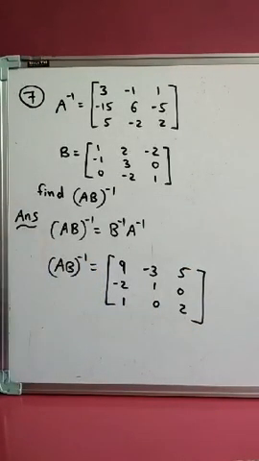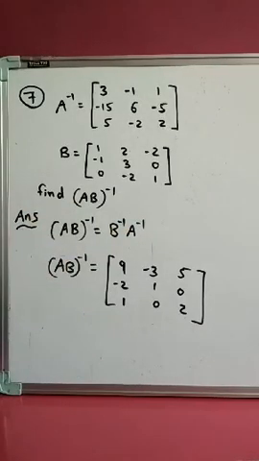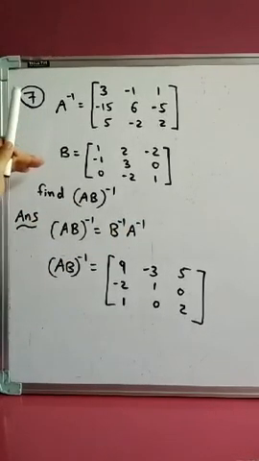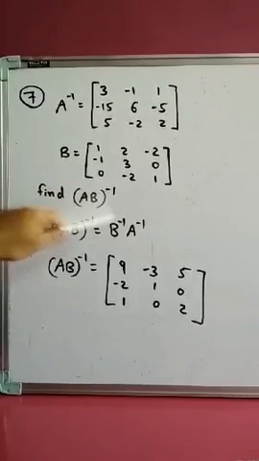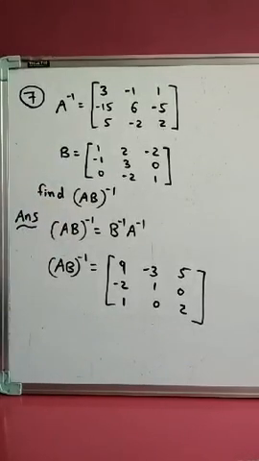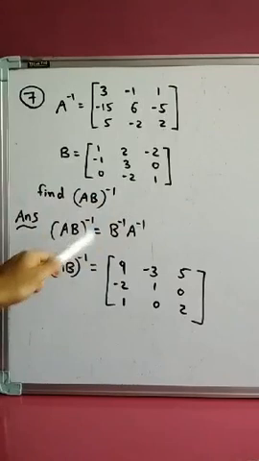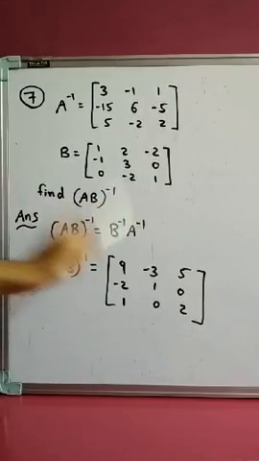I am repeating the whole procedure over here. This is actually a very easy question, only this thing you must know. A inverse is given, B is also given, you have to find (AB) whole inverse. First of all we have the formula: (AB) inverse is equal to B inverse into A inverse.